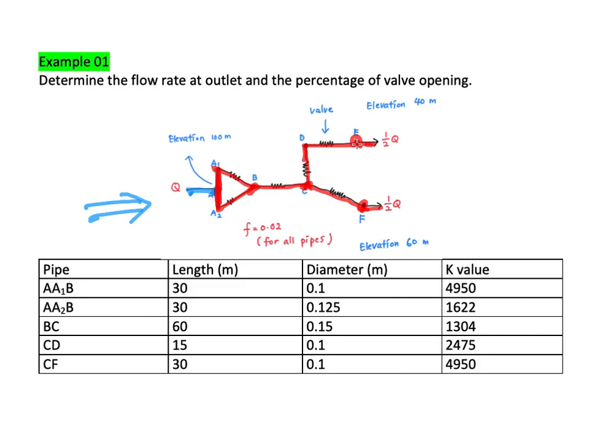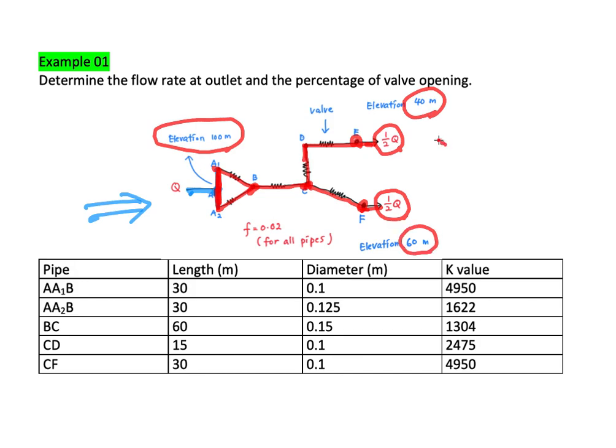So it will split into half, which means the outlet flow rate here is 1 over 2Q, and also here is half Q. Then the elevation: here the elevation is 100 meters, here the elevation is 40 meters, and here the elevation is 60 meters.